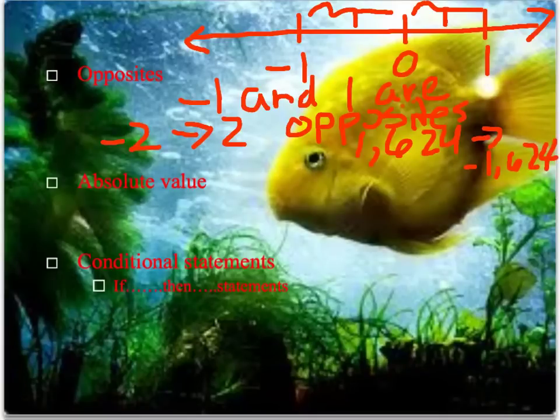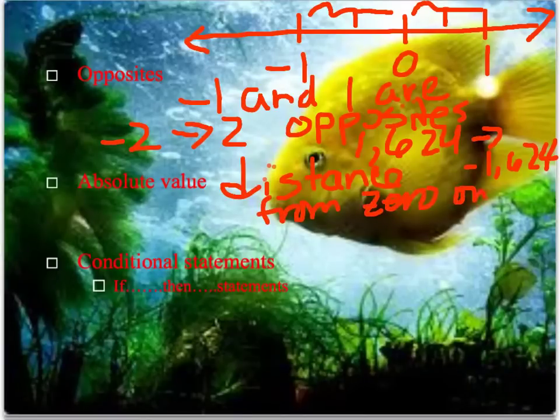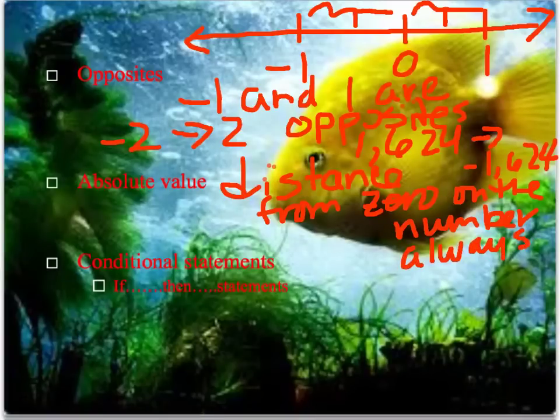Okay, absolute value. Absolute value is pretty much the distance from 0 on the number line. And we don't talk about distance as positive or negative. You can't go a negative distance. Your distance is always positive.